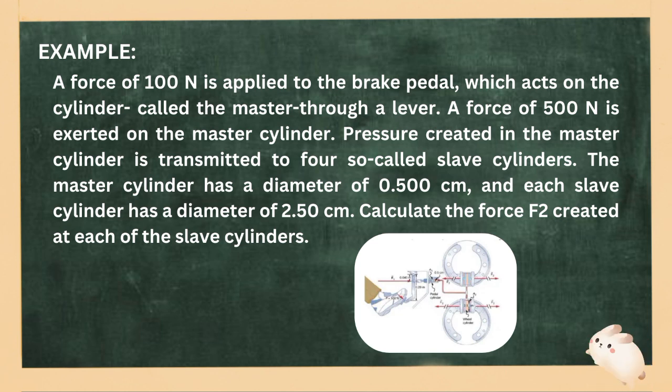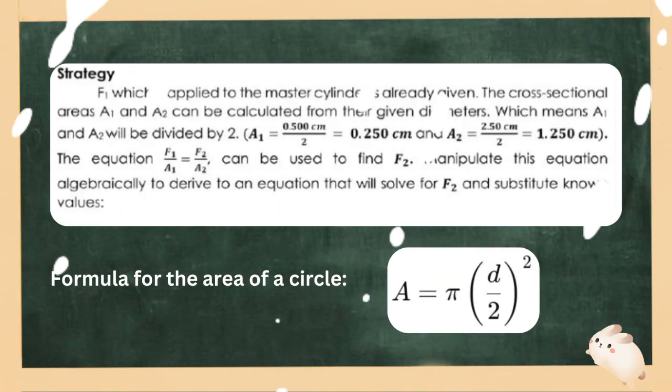The master cylinder has a diameter of 0.500 cm, and each slave cylinder has a diameter of 2.50 cm. Calculate the force F2 created at each of the slave cylinders.